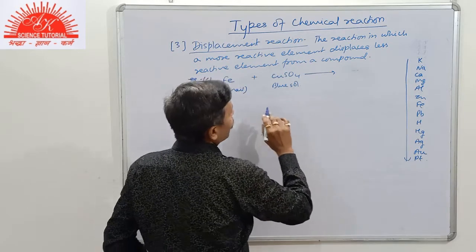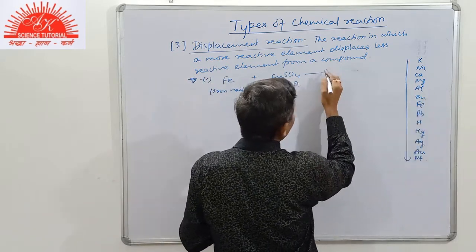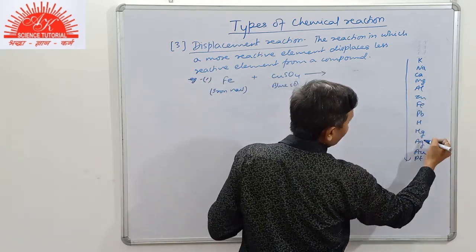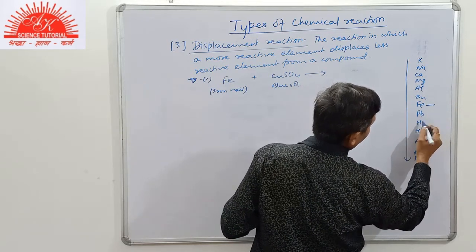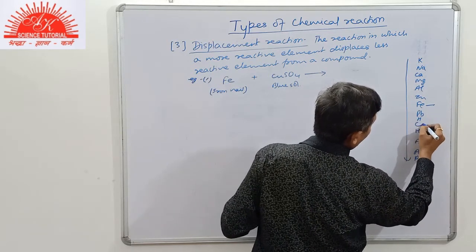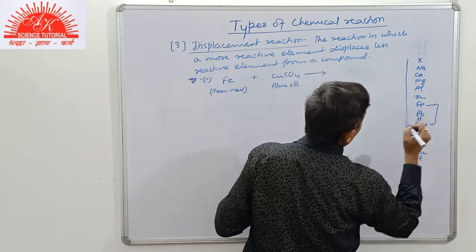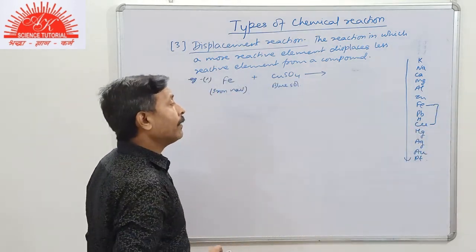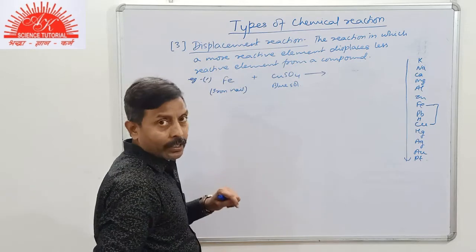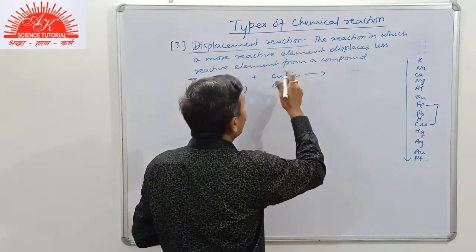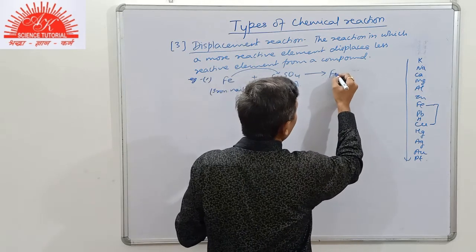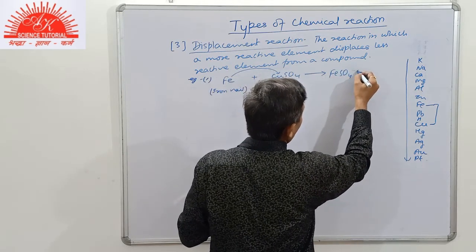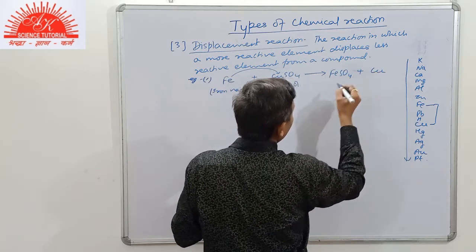Now here we see the iron, and we have left one copper. So this is copper. So iron is above copper in the activity series, means iron is more reactive than copper, so it displaces copper, forming FeSO4 and copper is displaced.